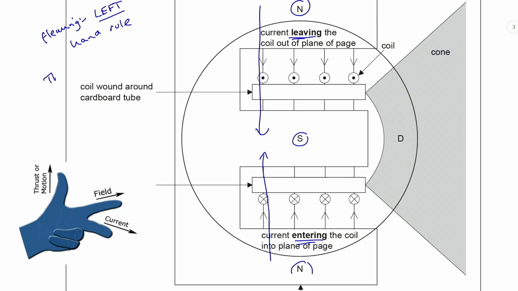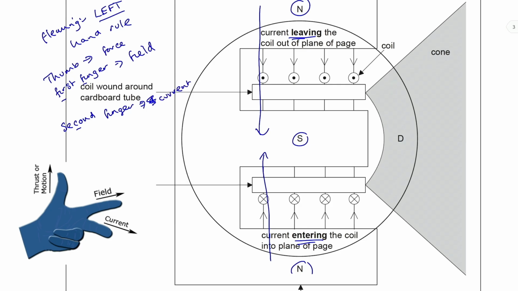The thumb is the direction of the force, and so we're going to find out which direction our thumb is pointing. Our first finger is the direction of the magnetic field. And the second finger is the direction of the current.